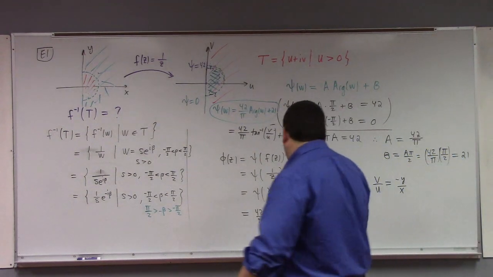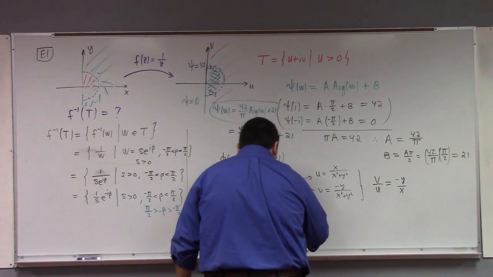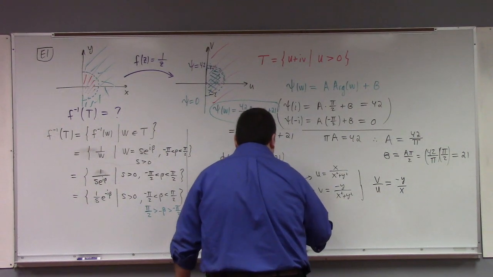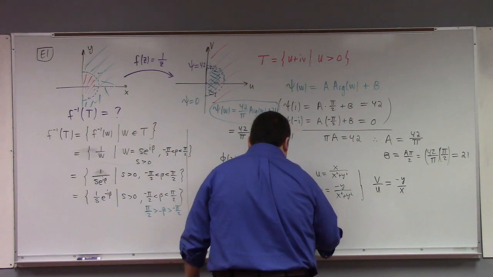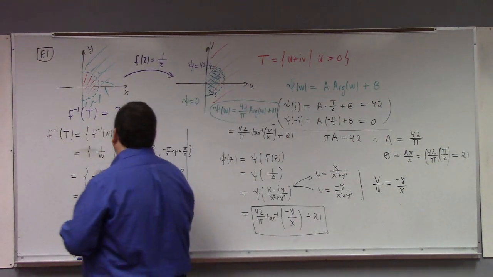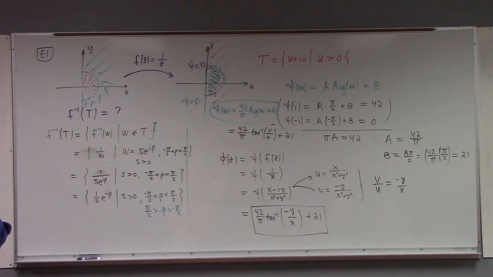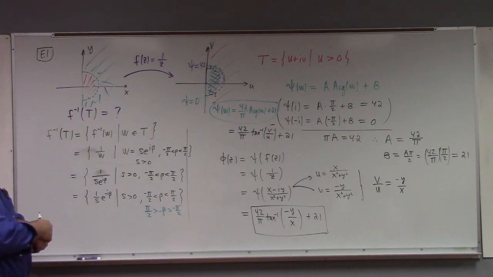So we actually get 42 over pi times minus y over x, of course, plus 21. And that is what the technique of conformal mapping would suggest we do if we were to use this reciprocal map with that given Laplace equation over there. And then you can study it and see how it works.